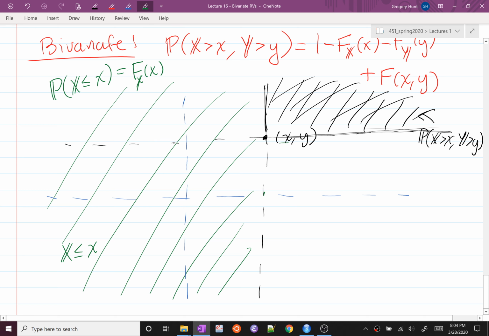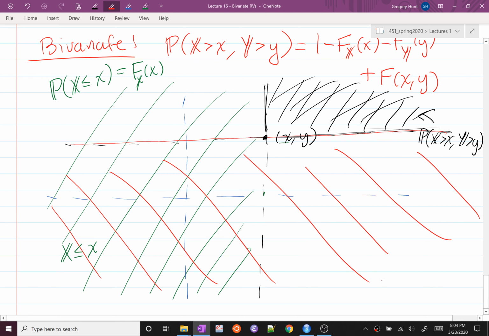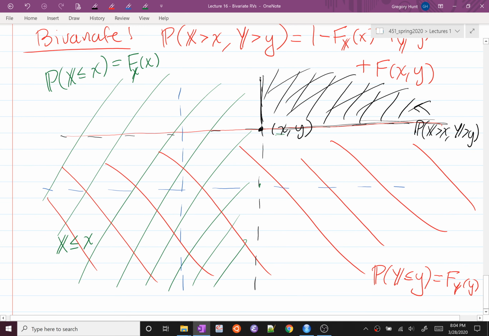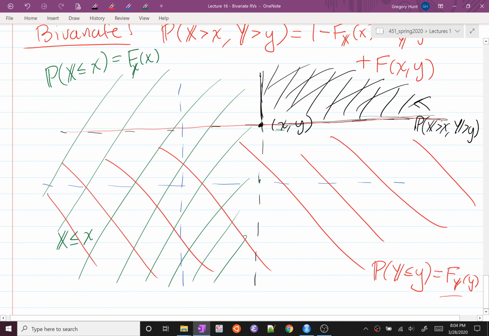Correspondingly, I could get this red shaded region. This is the probability that, just looking at my y coordinate, I'm less than or equal to little y, which is the marginal CDF of y. Ignoring x, it's just the probability I'm less than or equal to this value y here.